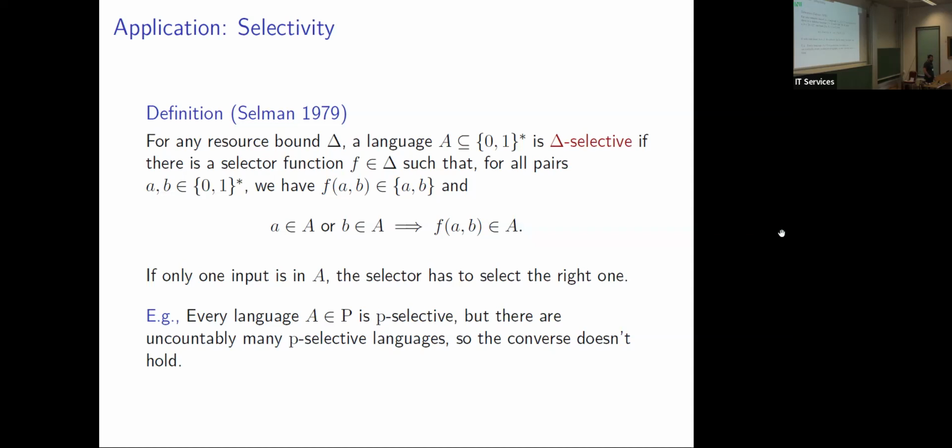What that's saying is that if only one of f's two inputs belongs to the language, it has to correctly identify which one. This is something easier than actually computing the function. Every language in P is P-selective, but there are in fact uncountably many P-selective languages, so the converse doesn't hold.